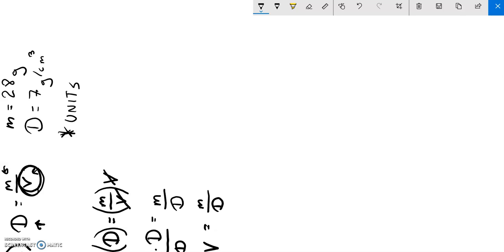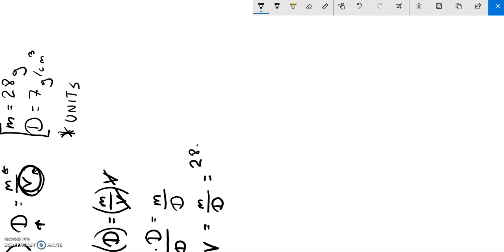What does this mean? This means that if we know what the mass of an object is, and we know what the density of that object is, we can find the volume by dividing those other two quantities. And so we go back to our original problem. We have the mass, we have the density, and so we go ahead and divide them.